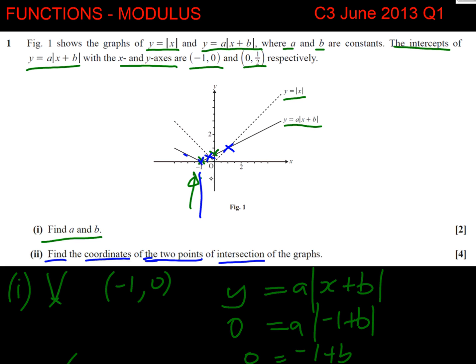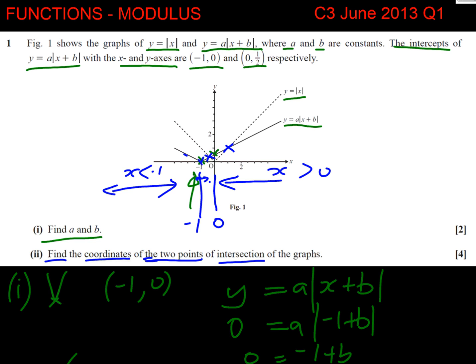There's one change at -1 for the full line, and one change at 0 for the dotted line. So in effect we've got three ranges we're working in: x is less than -1, the mid-range of x between -1 and 0, and finally x is greater than 0.